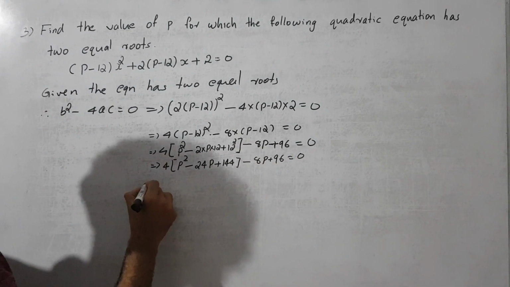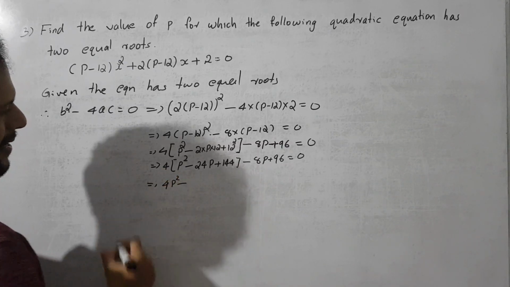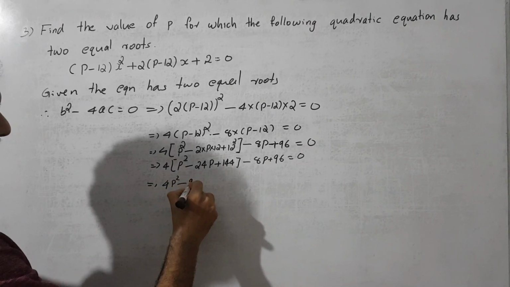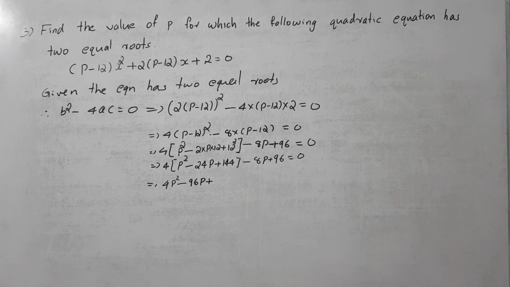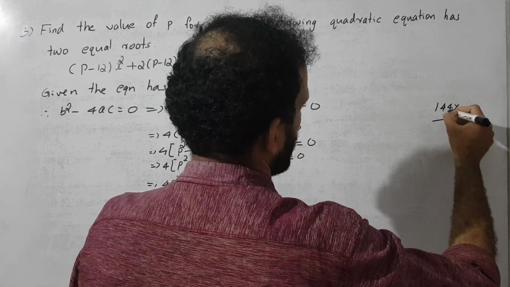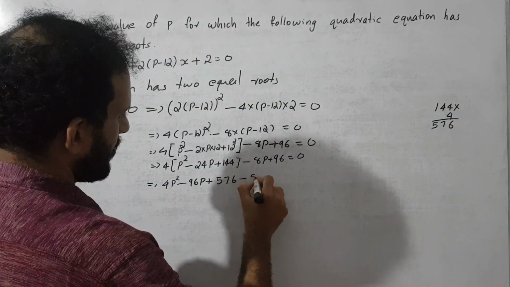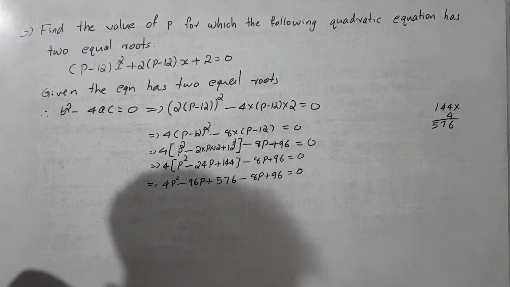Then what we get? Implies, expand the bracket again: 4 into p square, 4p square, minus 24p into 4 is equal to minus 96p, plus 144 into 4 is 576, minus 8p plus 96 is equal to 0, correct?